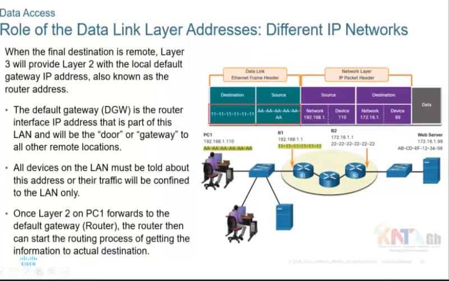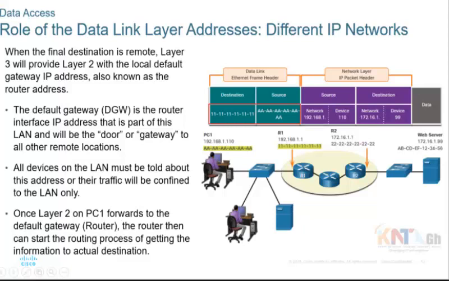We want to look at the role of data link layer addresses on different IP networks. Now, when the final destination is remote, layer 3 will provide layer 2 with the local default gateway IP address, also known as the router address. So the default gateway is the router interface IP address that is part of this LAN and will be the door, the gateway to all other remote locations.